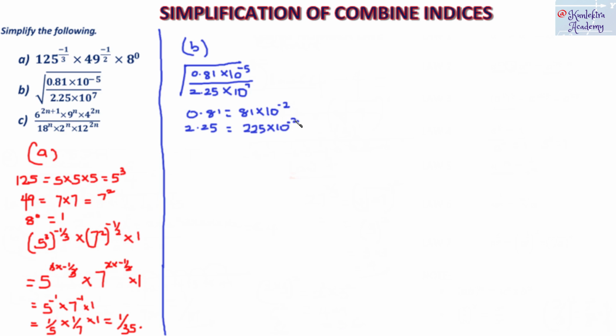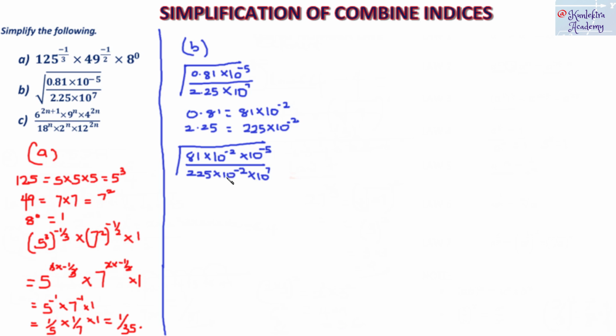Now, when you bring these values into the question, you have square root of 81 times 10 raised to power minus 2 times 10 raised to power minus 5, over 225 times 10 raised to power minus 2 down here.